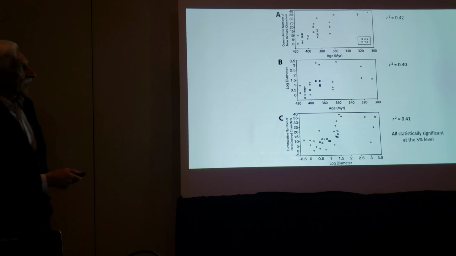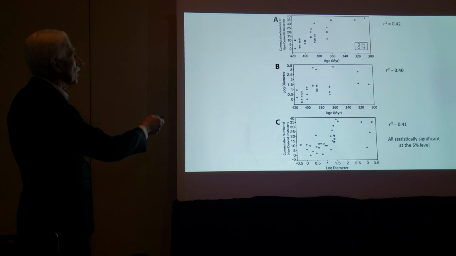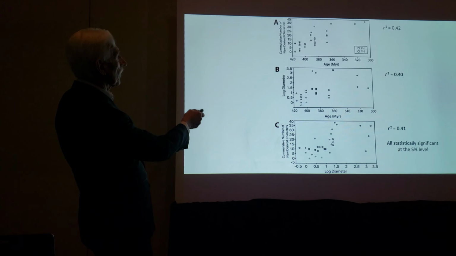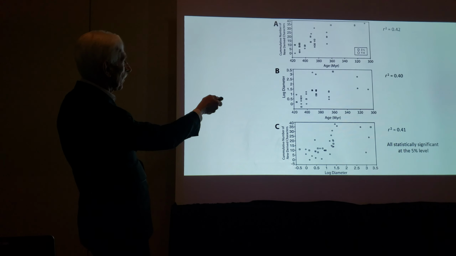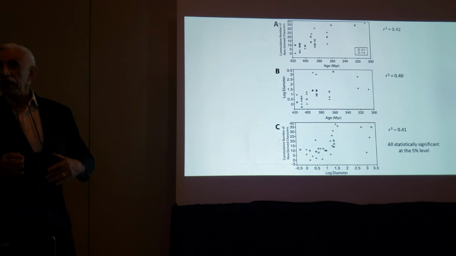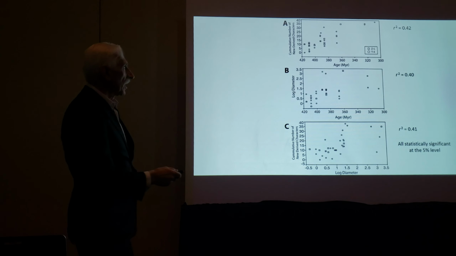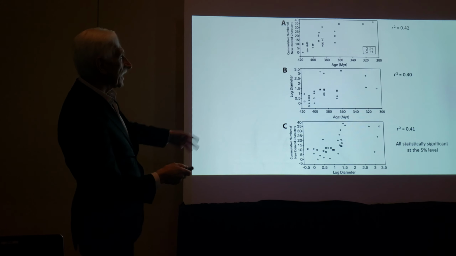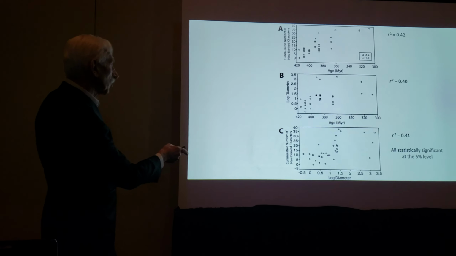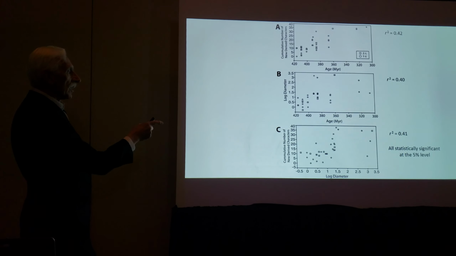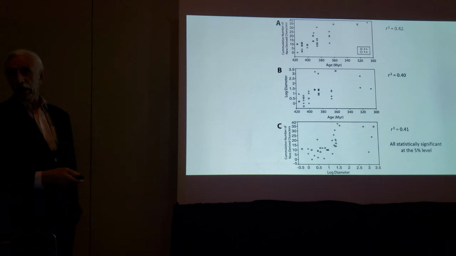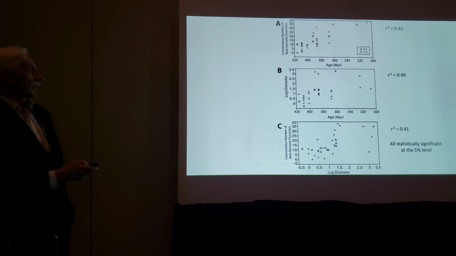We plotted it out, and the R squares support this. They support cumulative number of new derived characters increasing with age. Log diameter: we were interested in increasing complexity in its relationship to size. Log diameter versus age was positively correlated. And cumulative numbers of new derived characters against diameter was correlated, so size and complexity, the way we defined it, seemed to be correlated nicely.